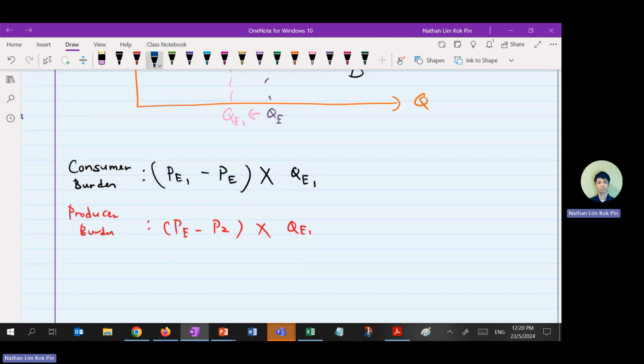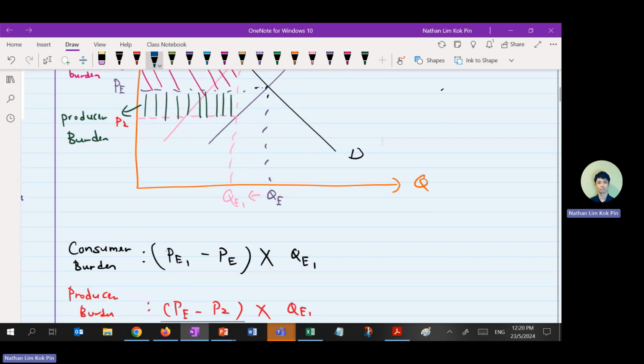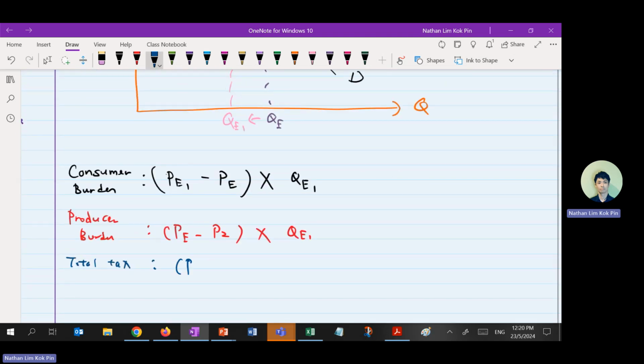If I ask you the total tax revenue, it will be PE1 minus P2. Notice P2 is not the equilibrium price, so I never use PE2, right? Times QE1. Okay? Makes sense.